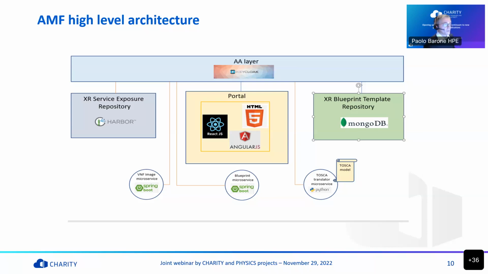We have a blueprint template repository, which is implemented by integrating a MongoDB instance. And finally, we have a set of backend services, indeed microservices, implemented via Spring Boot technologies or Python, that are the ones that provide data to the upper layer.